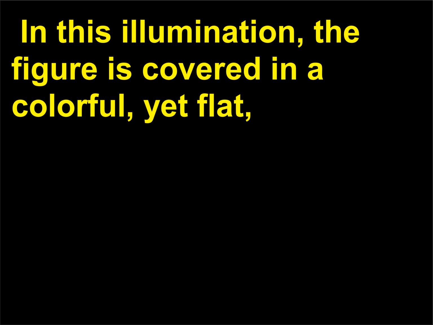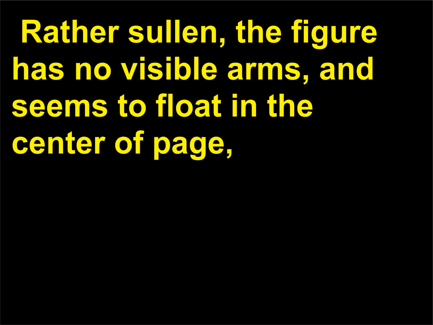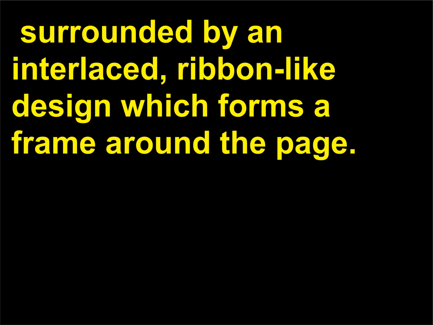In this illumination, the figure is covered in a colorful, yet flat, checkered cloak that completely obscures any sense of a three-dimensional body underneath. Rather sullen, the figure has no visible arms, and seems to float in the center of the page, surrounded by an interlaced, ribbon-like design which forms a frame around the page.